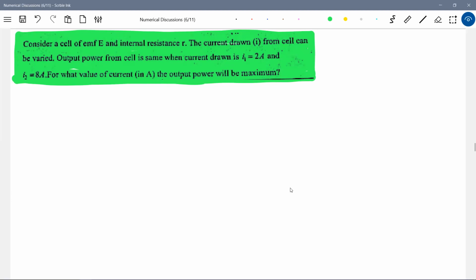Maximum power transfer. If you can remember, we have a cell here. Consider a cell of EMF E and internal resistance R. The current drawn from the cell can be varied.